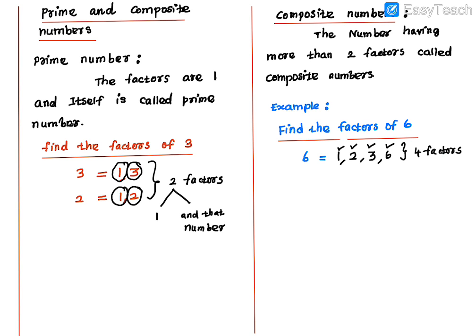If you look at it, here 1 and here 6, 6 means the given number. Apart from 1 and 6 there are 2 numbers, 2 and 3, so that means more than 2 factors. So here 4, more than 2 factors, so this is called a composite number.